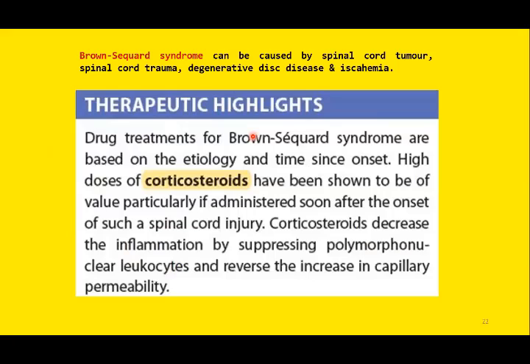Sometimes spinal cord trauma, spinal cord injury, or spinal cord tumor may lead to Brown Sequard syndrome. And sometimes these patients respond to a certain degree with steroid therapy.